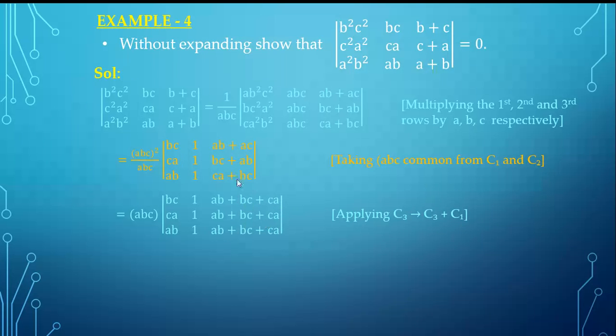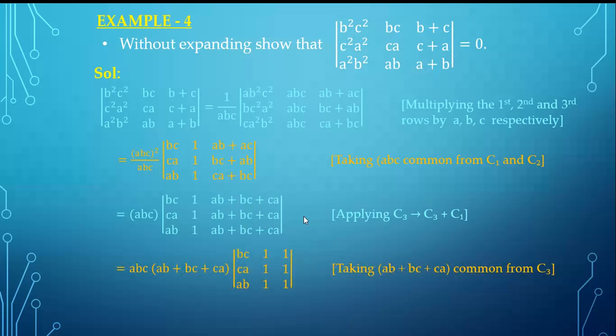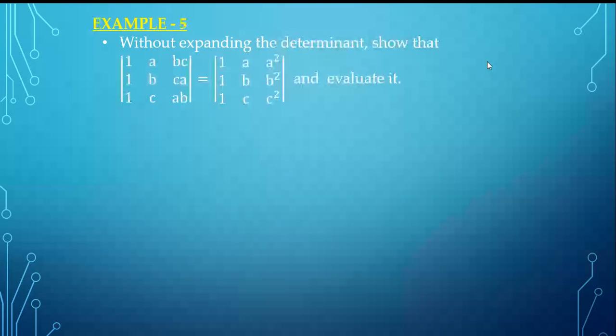Now we can take common AB plus BC plus CA from the column. Now we can see that columns C2 and C3 are identical, so the determinant value is 0. So we have shown that this determinant is equal to 0. Clear?